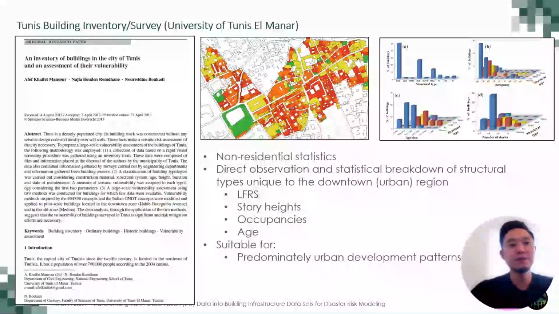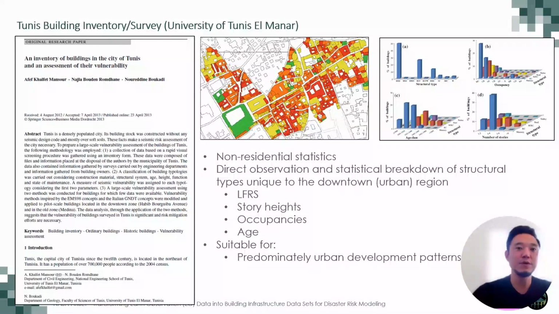Another source relied on was a study from the University of Tunis. And essentially what they did was they inventoried certain blocks within the city of Tunis and had an assessment of their vulnerability. You can see on the top which buildings were surveyed, and this ground survey recorded quite a few things, which was the structural type, the occupancy, when it was built, the number of stories.